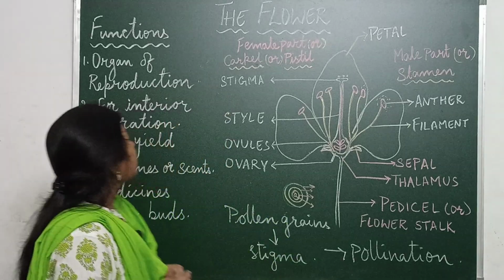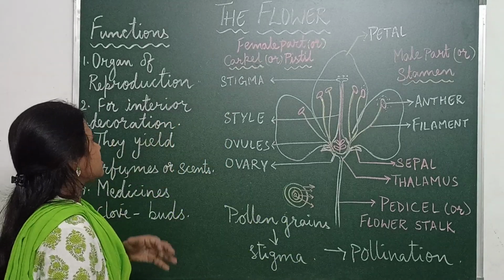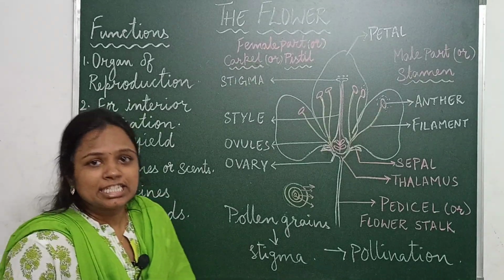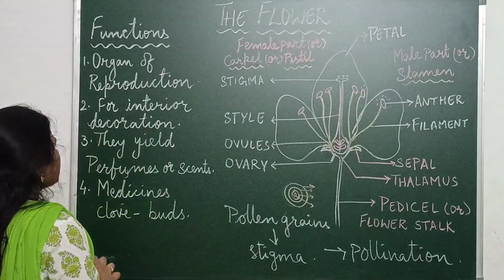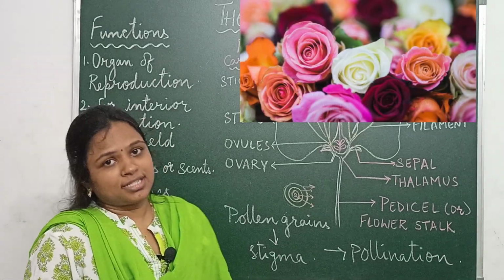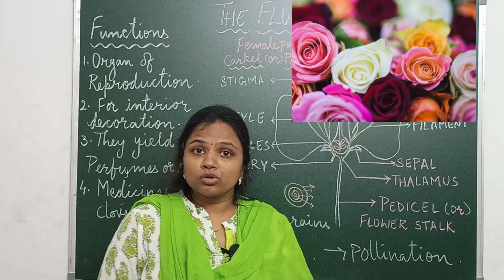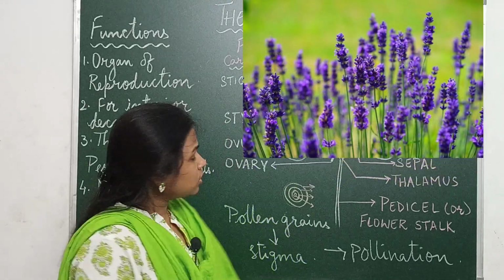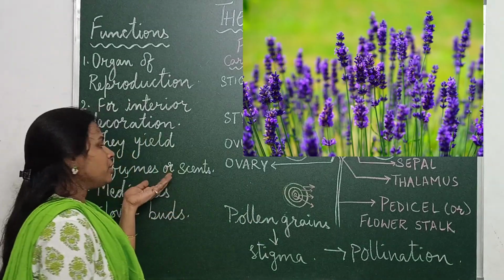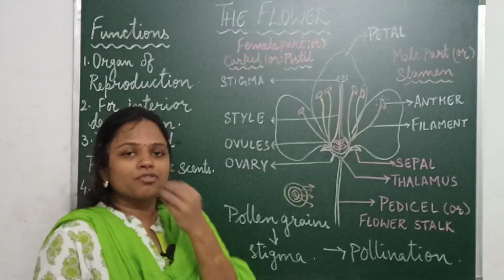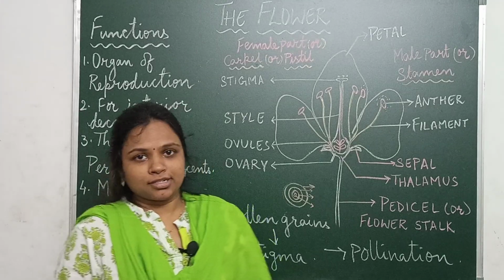Because of this, different types of flowers are used in interior decorations. The next one is, these flowers yield perfumes or scents. We know rose, jasmine, lavender, all these are used in producing perfumes or scents. They have a very nice fragrance.